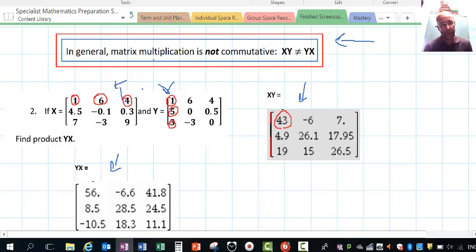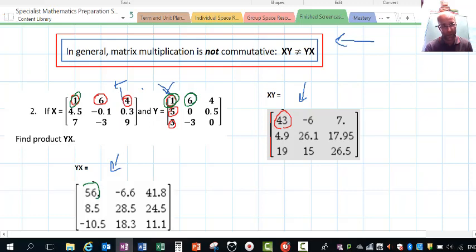If you've got y times x the other way around, you have different combinations happening. For example, if we look at what goes in position 1, 3 here, 56, that's because we're going 1 times 1 plus 6 going across the first matrix.